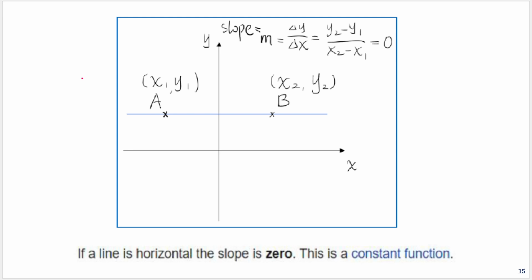For example, if this point is 2, then this line has the equation y equals 2. It's actually a constant function. Any questions?